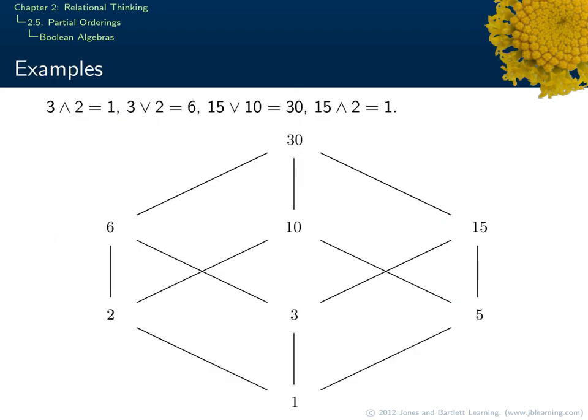Here we compute some meets and joins. Again, our partially ordered set consists of the numbers 1, 2, 3, 5, 6, 10, 15, and 30 with the divisibility relation. We first compute the meet of 3 and 2. Now what is this again? We're looking for the largest object in our hierarchy that is less than both 3 and 2, and we see that that should be 1.